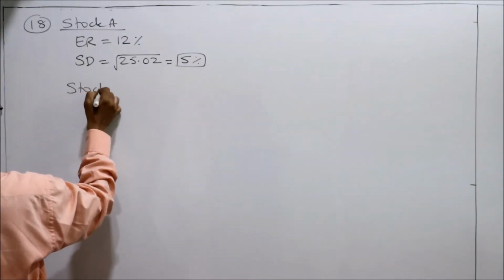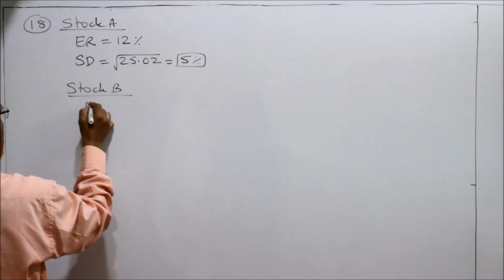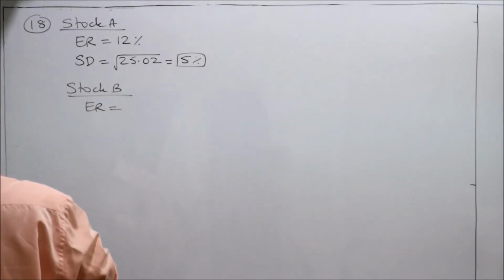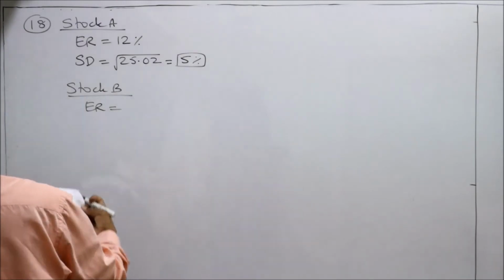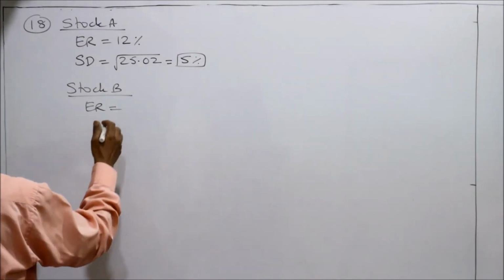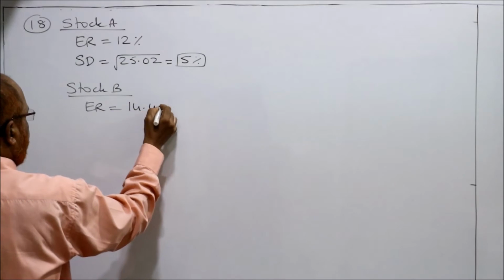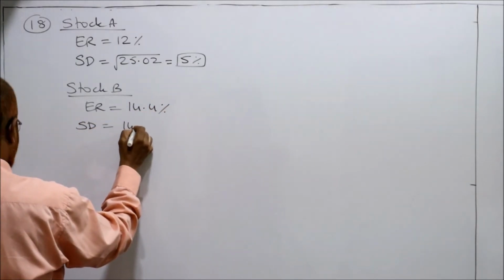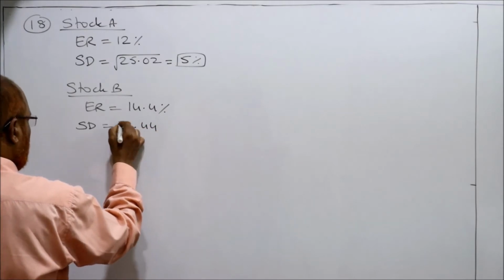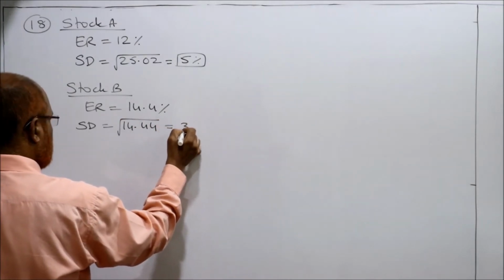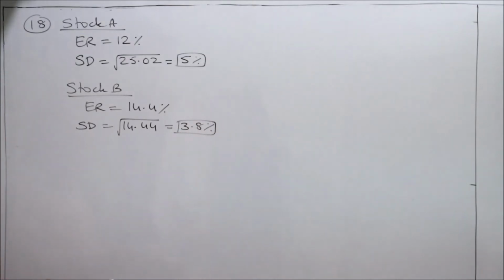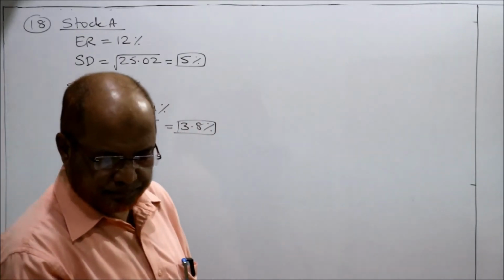Then stock B: expected return is 14.4% and standard deviation is 14.44 under root, 3.8%. So this will be the answer.